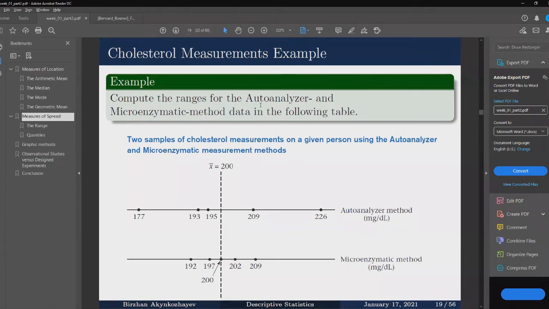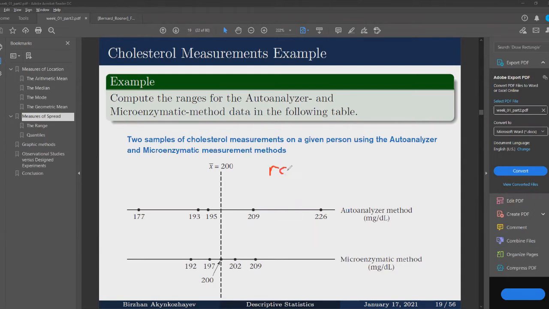Let's take a look at the following example. Here we have two data sets. We can see that average of both of these data sets is equal to 200. However, we can see that the first data set is more spread out than the second one. Okay, let's calculate range for these two data sets.